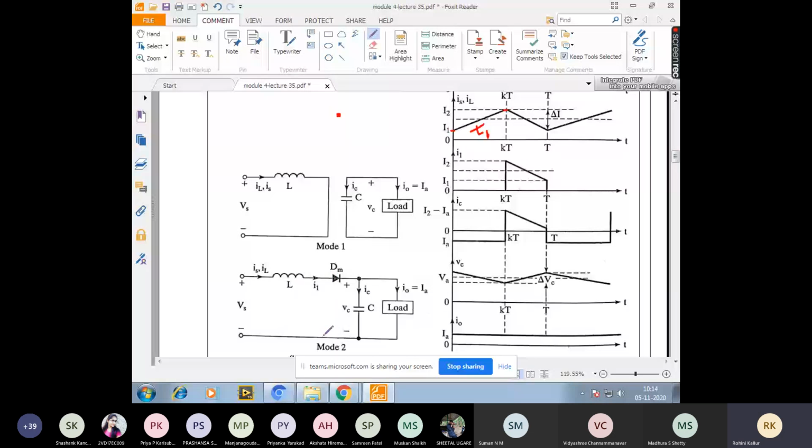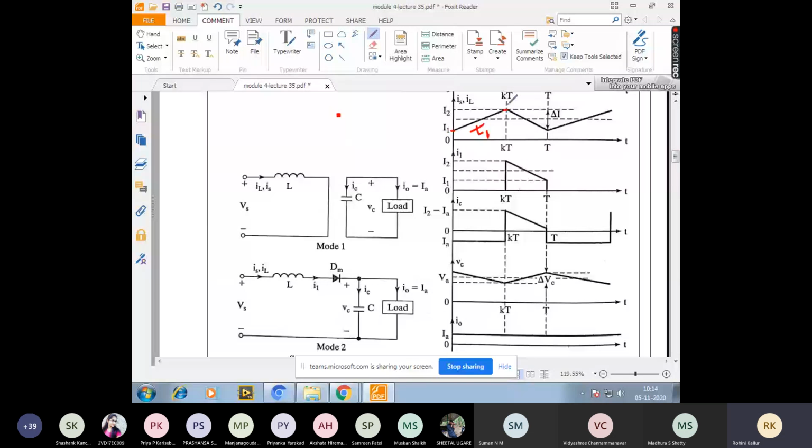So the current will be passing through the inductor, then through the diode, and then through the capacitor and the load. What you can observe here is that the current flowing through the inductor is incremental, that means this part of the waveform.